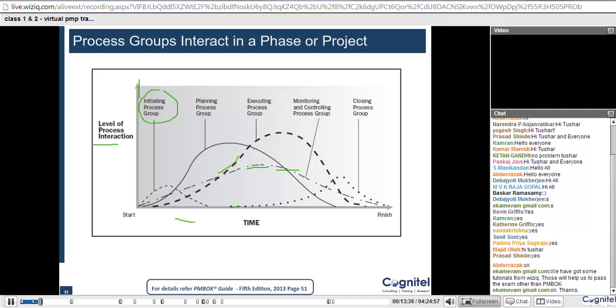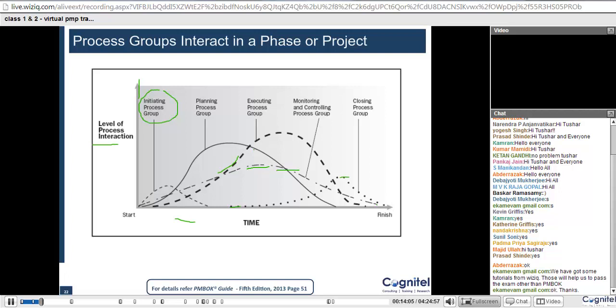This is the closing. This was not there up till here, but once you are doing execution, you might have produced certain outputs or deliverables of your project that can be delivered alone, or they don't need to be delivered at the end of the project. That's why you can see even closing has started interacting, because certain outputs might be delivered to the customer as and when they have been produced.